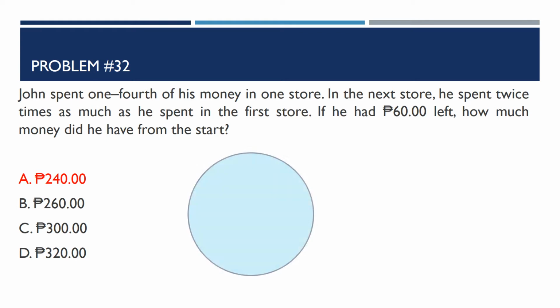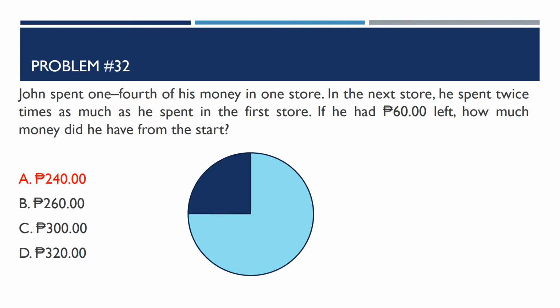Let me illustrate John's money through this circle. This is not yet spent. This represents John's money before it was spent. And then it's given that 1/4 of his money was spent in one store.